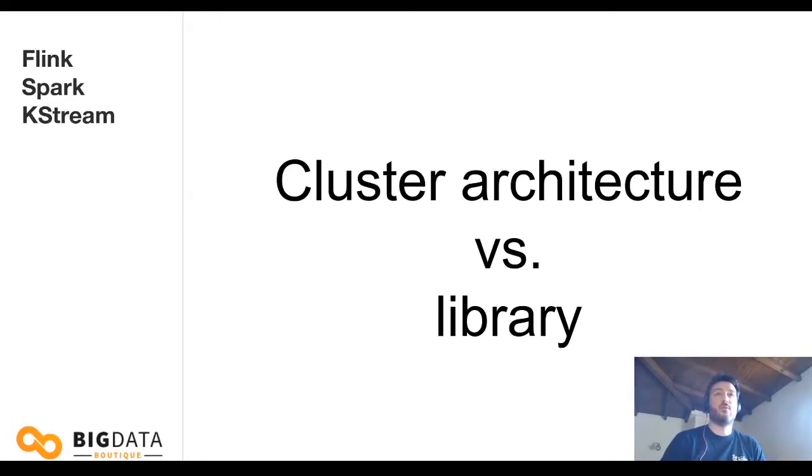For example, if you have a microservice architecture and you would like to give them the possibility to process events, for example, to implement state storage and event sourcing, with Kafka Streams it's really easy because you don't need to add any new component.